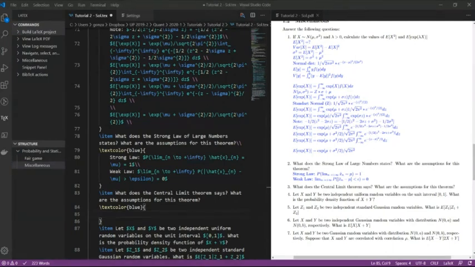So basically, when n is large enough, a standardized version of your data should follow a standard normal distribution.